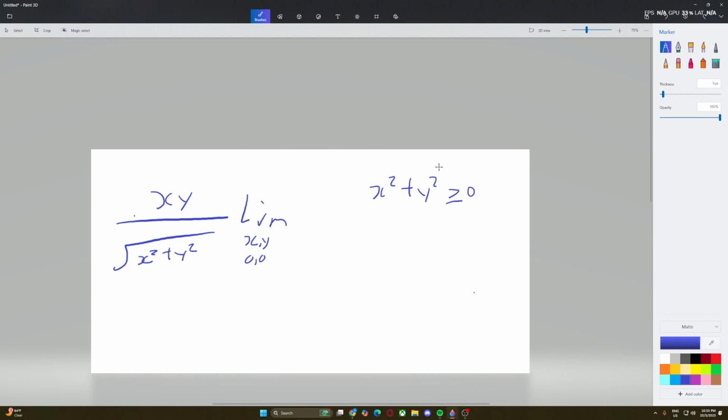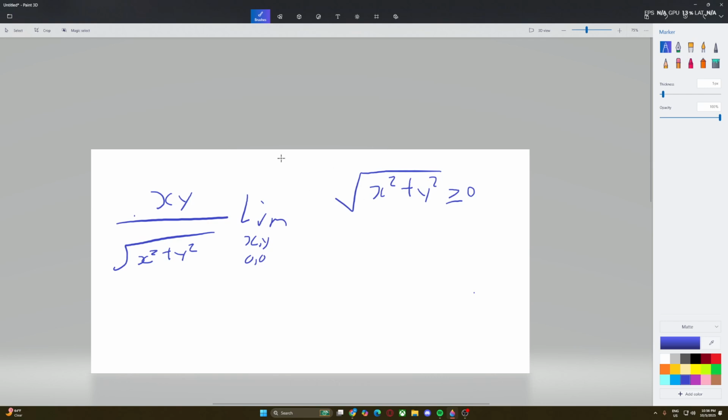Now, extending that, the square root of it should also be greater than 0, because if we just square rooted this, plus or minus, same thing. So whatever, I don't care. But this is the plus, by the way.